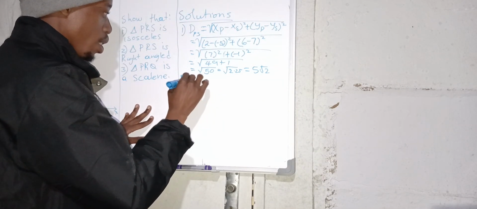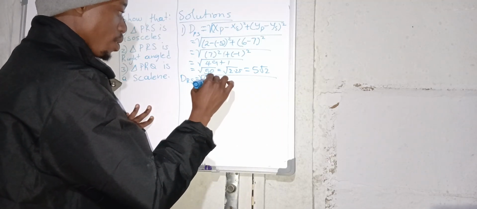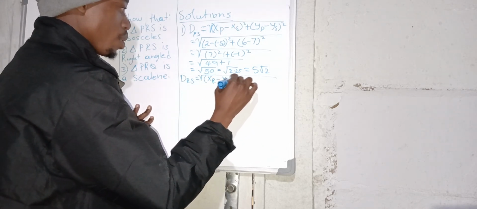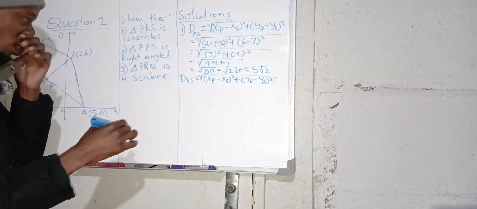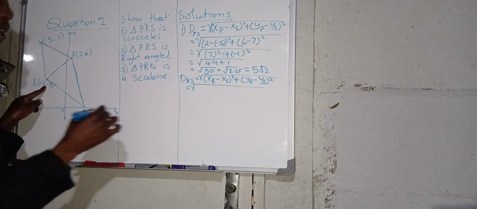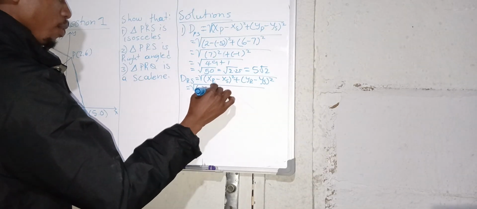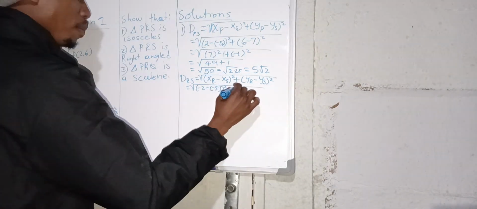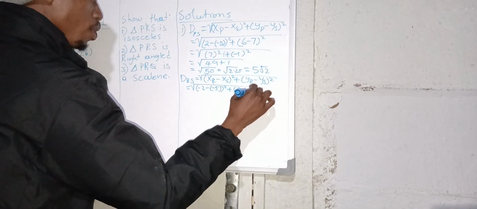Distance RS is going to be the square root of xr minus xs squared plus yr minus ys squared. xr is negative 2, minus xs which is negative 5, all squared, plus yr is 3 minus ys which is 7, all squared.